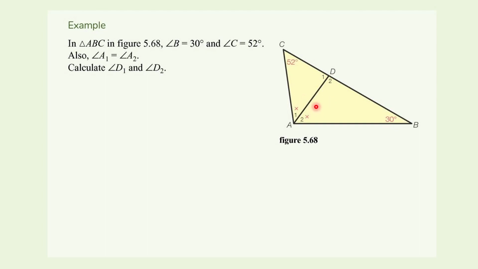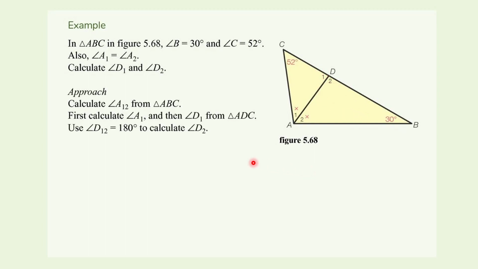So it's important to figure out why it's important that you know angle A12, because if I know angle A12 as a whole, I can split it in 2 equal parts. And if I know 2 equal parts, I can then calculate D1 from this angle sum triangle and D2 from this angle sum triangle, or even if I already know D1, use a straight angle rule.